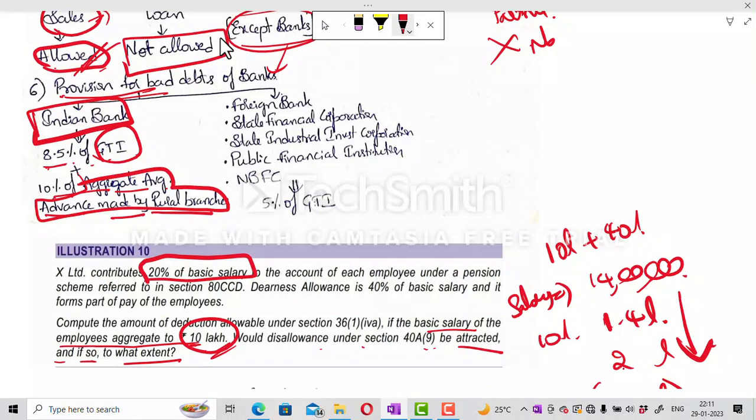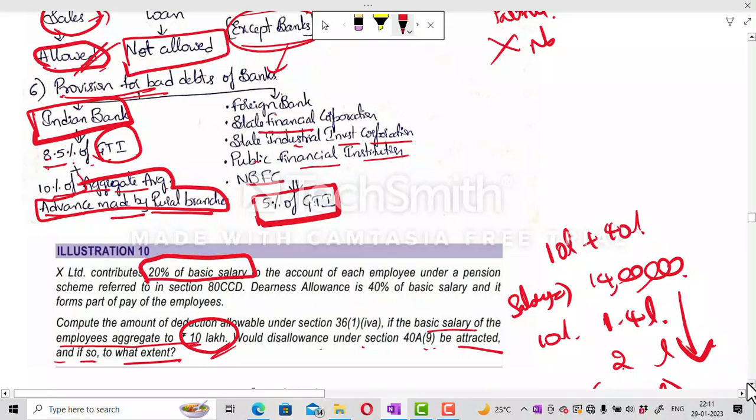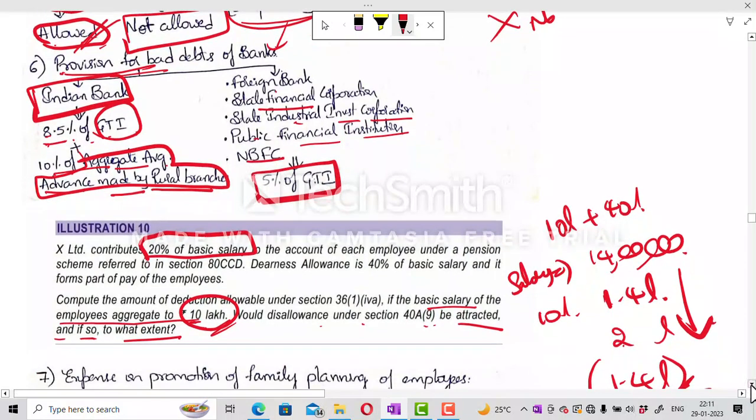That amount of provision you need to take. If it is a foreign bank or state corporation or state financial corporation, state industrial investment corporation, public financial institution or NBFC, take 5% of gross total income. Okay, 8.5%, 5%. Here extra 10% of advances made by rural bank branches.